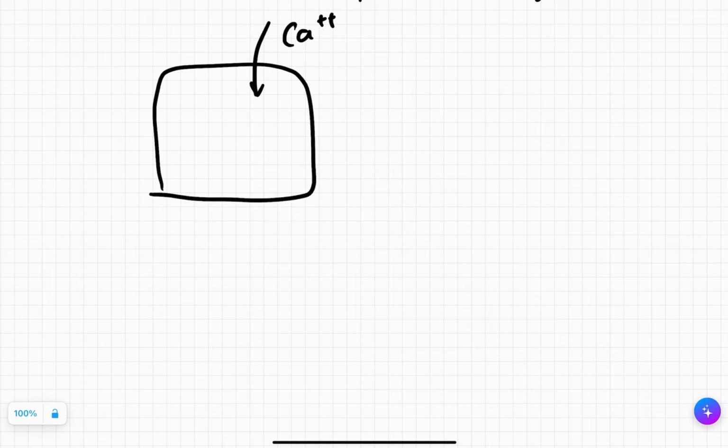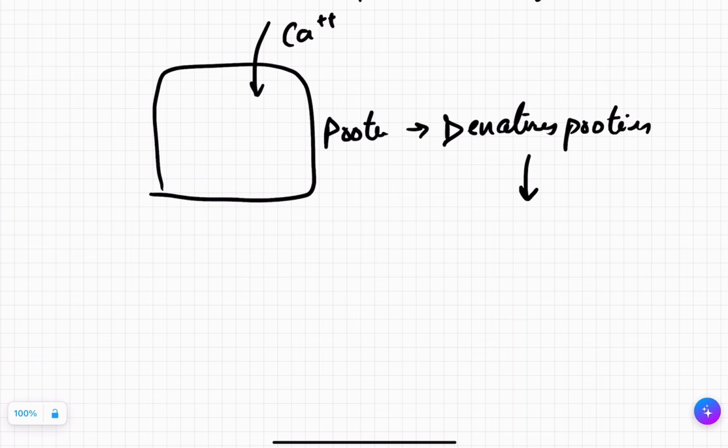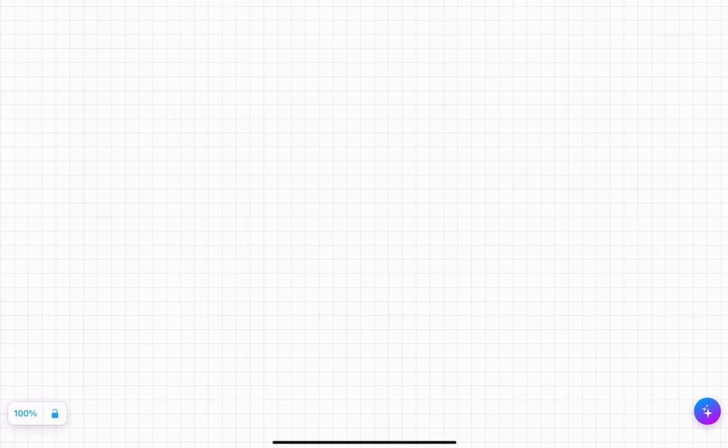Calcium was activating various enzymes, for example, phospholipase, nucleases, protease. What protease does is it denatures protein, and after denaturation of the protein, it becomes what? Coagulated.